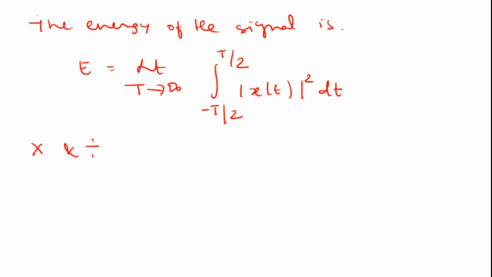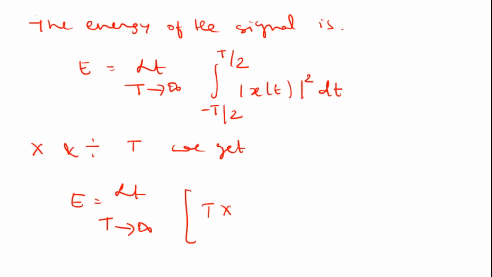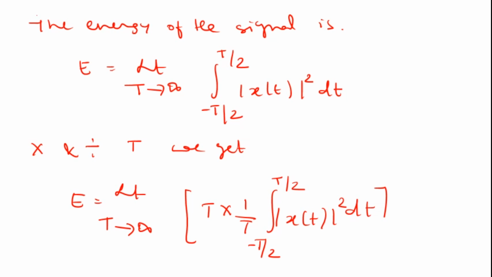Multiplying and dividing by T, we get E is equal to limit T tends to infinity T into 1 by T integration of minus T by 2 to plus T by 2 mod of x of t whole square into dt.